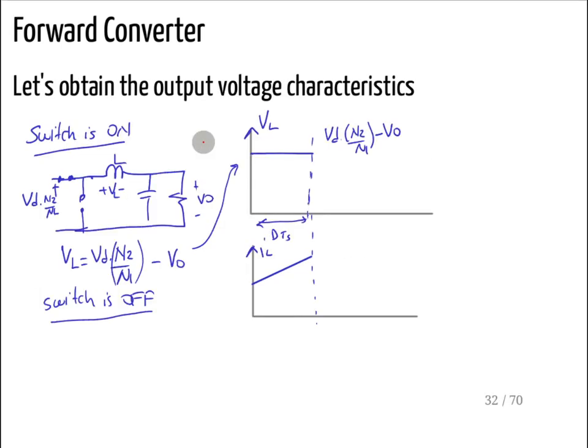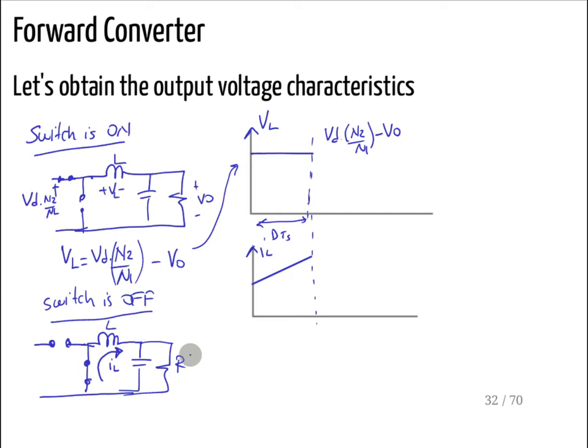In that case, let me draw the circuit again. The primary side is now off. We have the freewheeling diode, RL, and we have the inductor current flowing through here.